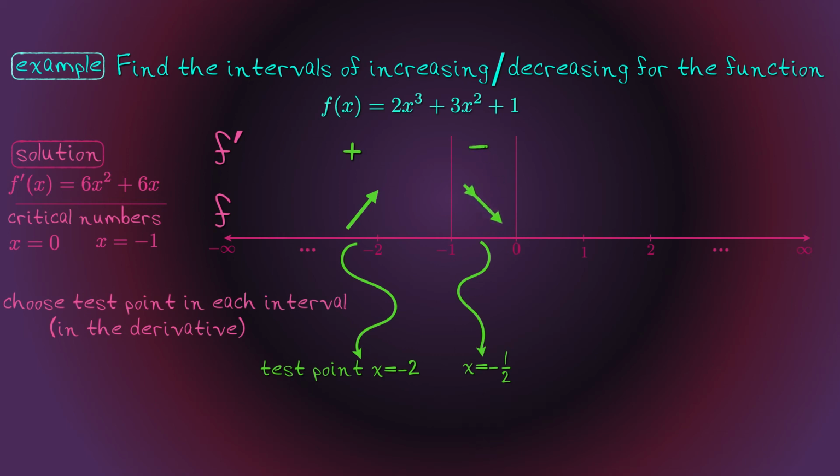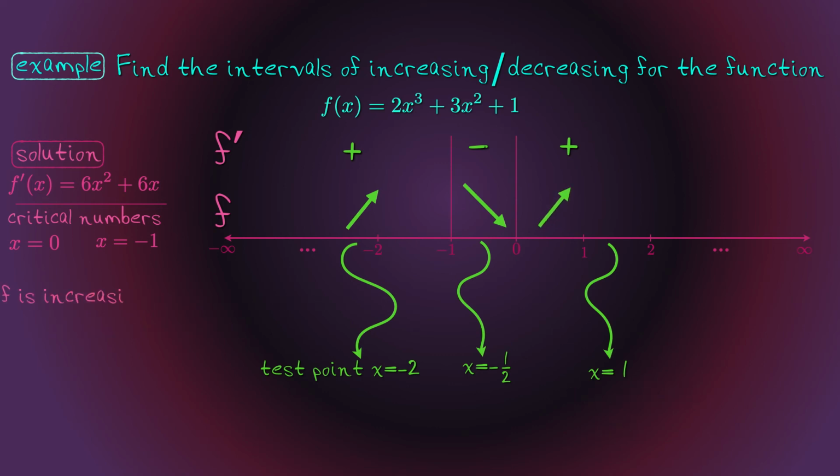If f prime is negative, f is decreasing. Lastly, the easiest test point, we'll choose x equals 1. If we plug that in, we get 12, which is positive. And that means that f prime is positive. f is increasing.